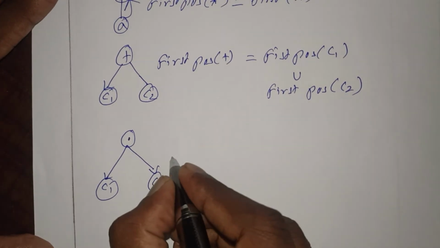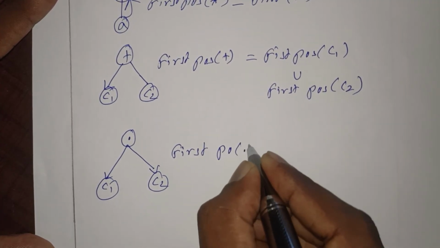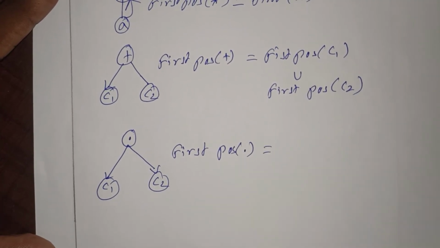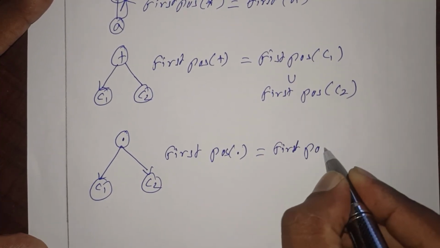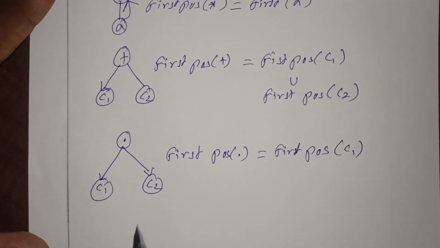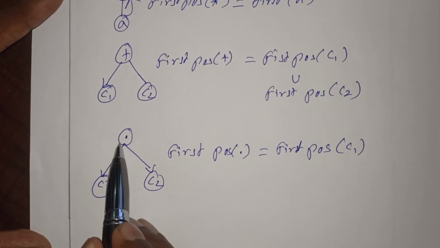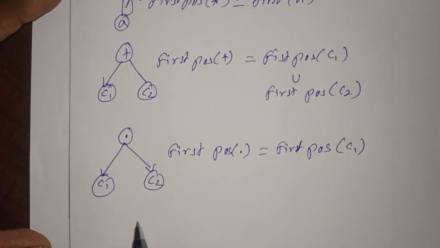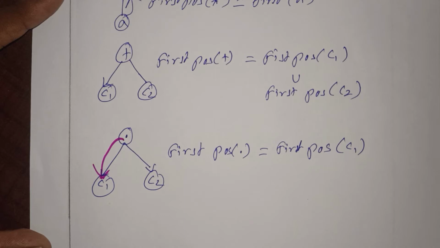Here I am going to write the procedure: first position for this particular dot is equal to first position of C1. So it will always take only the first value of any two nodes connected with a dot. It will always depend on this.